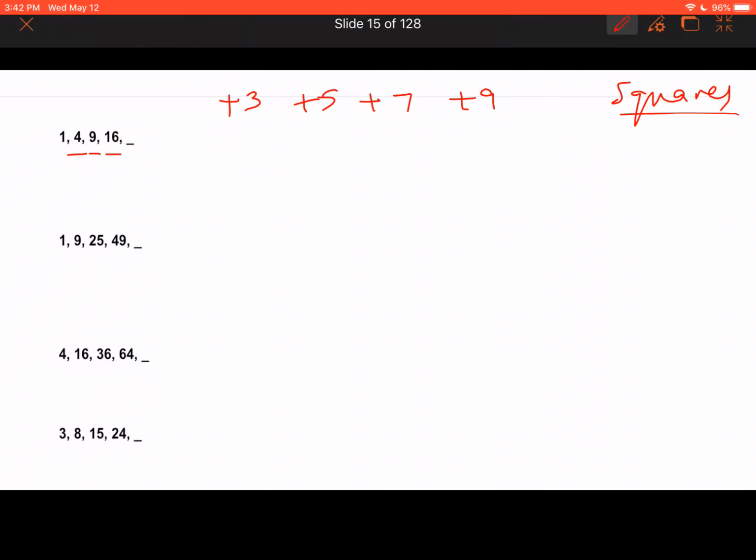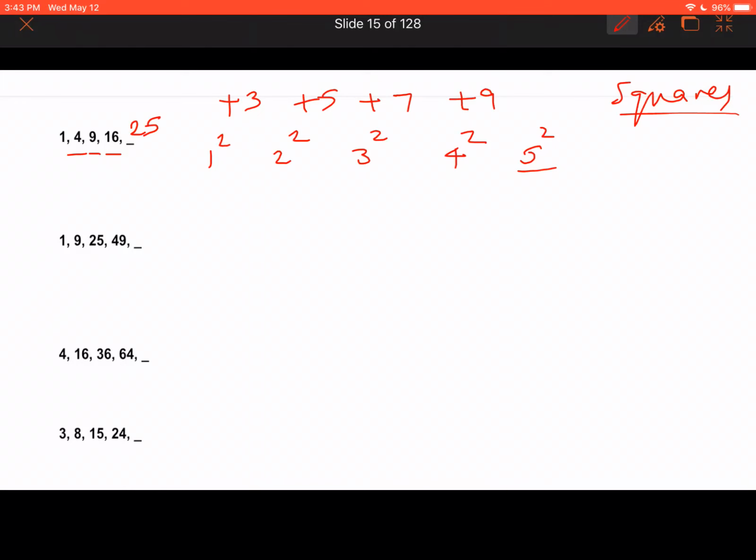So hereafter we are going to use the pattern of squares in finding the unknown term. So the values are 1 square, 2 square, 3 square, 4 square. The pattern is increasing by squares. So the next value will be 5 square. So the answer is going to be 25.